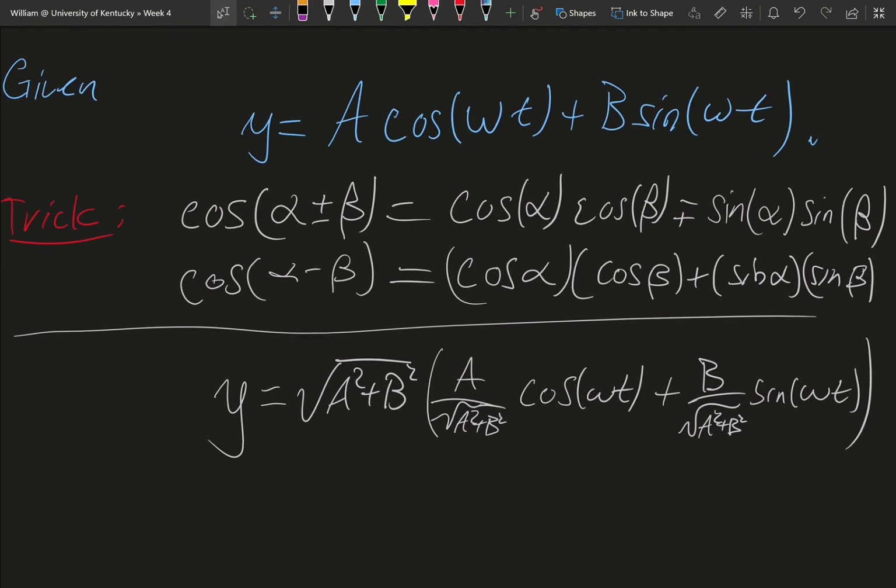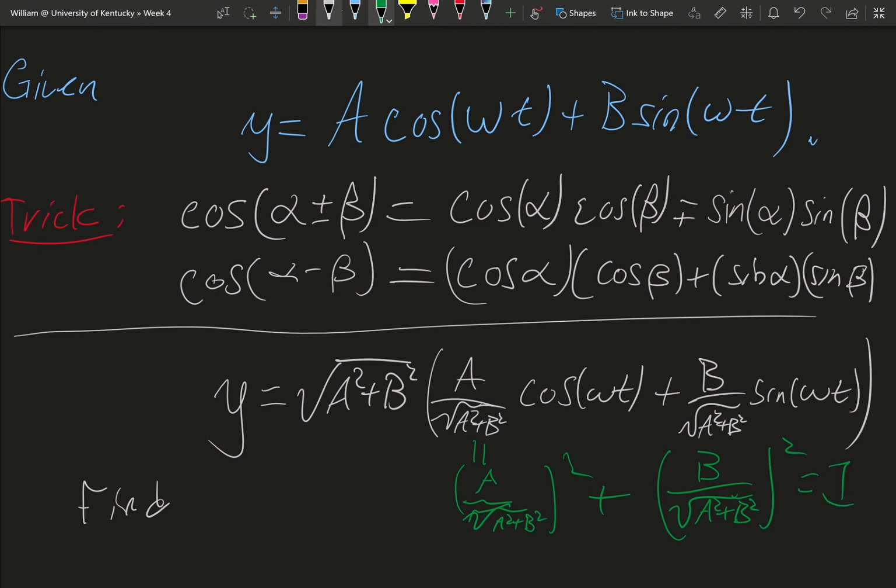And note that if I square this and I add b squared, then I get 1.